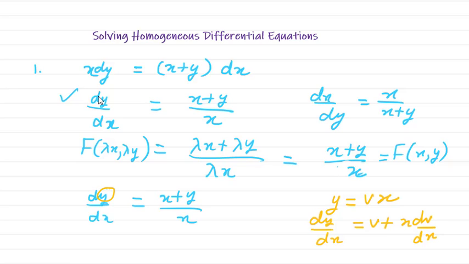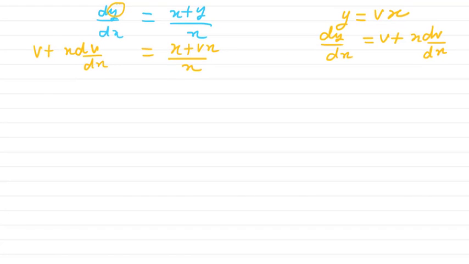This thing we will put in place of dy by dx. So that will be v plus x dv by dx equals (x + vx) divided by x. So from here we will get v plus x dv by dx equals 1 plus v.